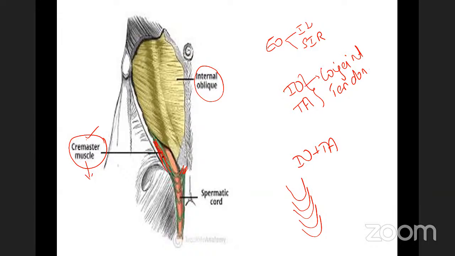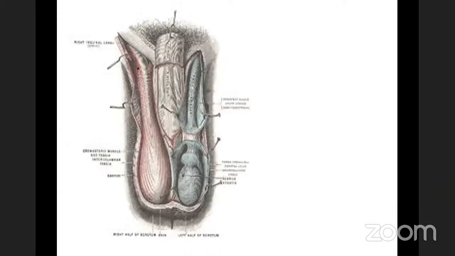Anterolateral set, just listen, not important. It is formed by the middle part of the inguinal ligament. These fibers will join with the posteromedial set and enclose the spermatic cord and reach up to the testis. You can see here the anterolateral set and posteromedial set. The cremaster muscle is in the form of a U-shaped sling, covering the spermatic cord and extending up to the testis.